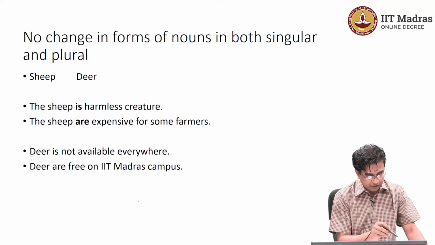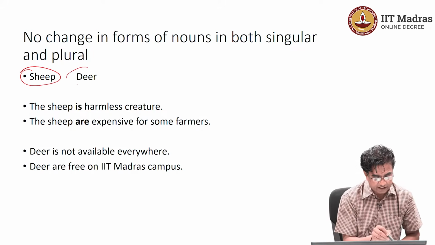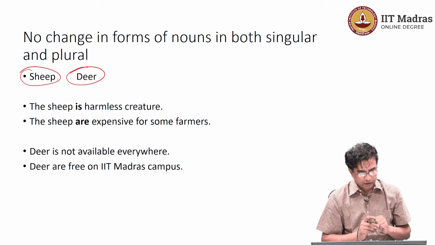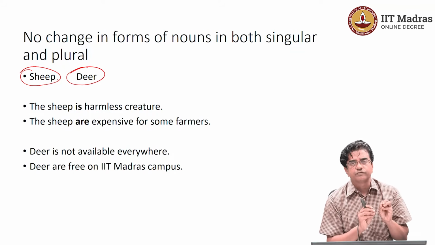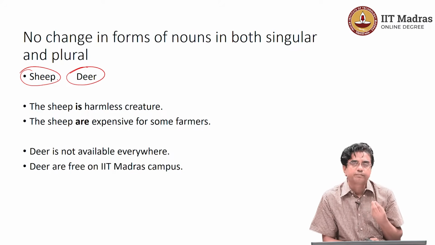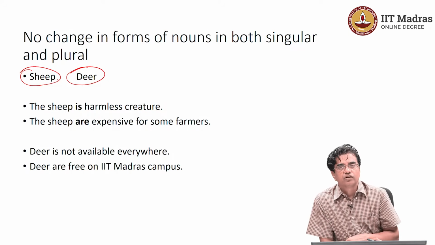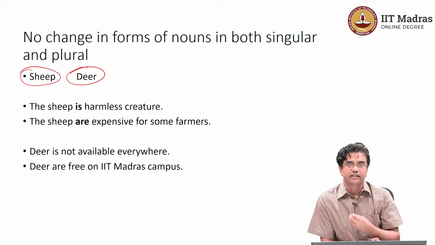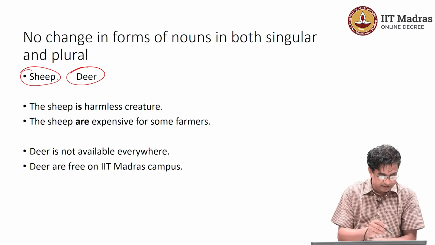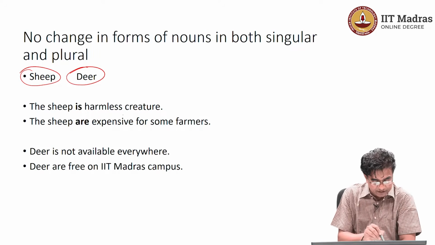So, some nouns like sheep or deer do not change their forms in singular or plural. So, just by the form we do not know whether we are talking about singular or plural, rather one or many. We know about this only when we use them in a sentence. We can say the sheep is a harmless creature.